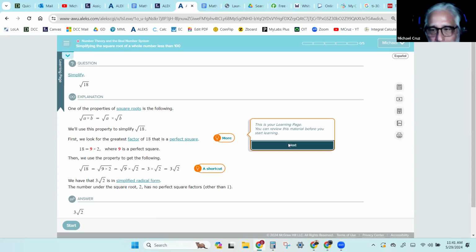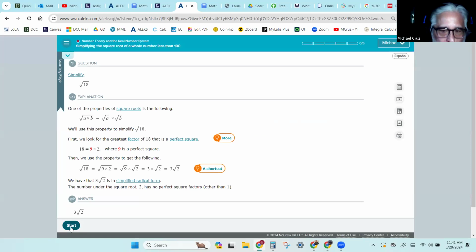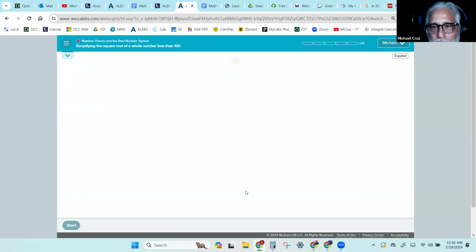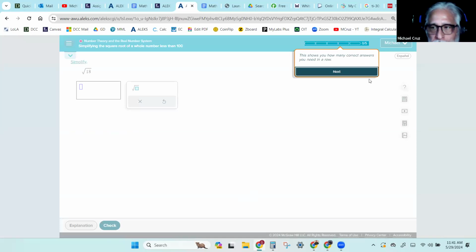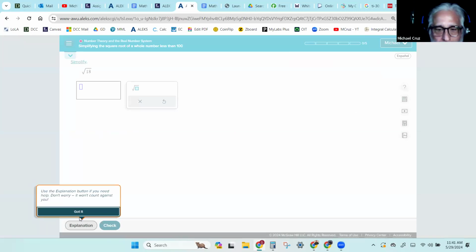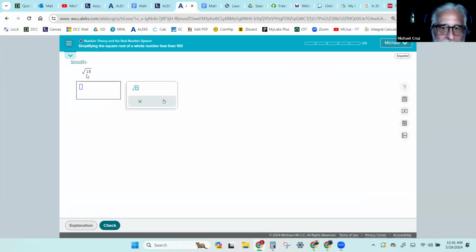It does have you go through some pretty mean looking things. If you can't do them, ask about them in class, okay? I'll try to give you a little break on that. But this is 2 times 9, so that's 3 square roots of 2. I'll explain it to you later if you really want to know. We don't have to worry about it now.